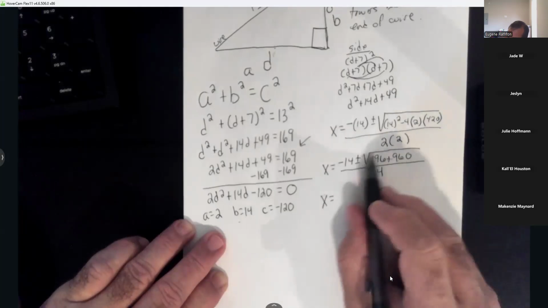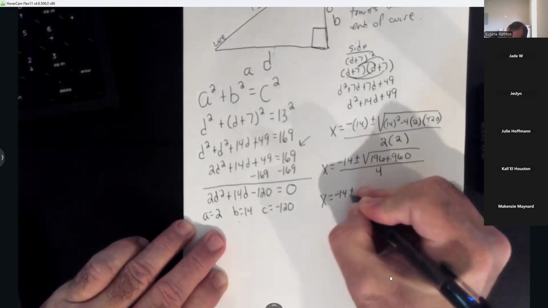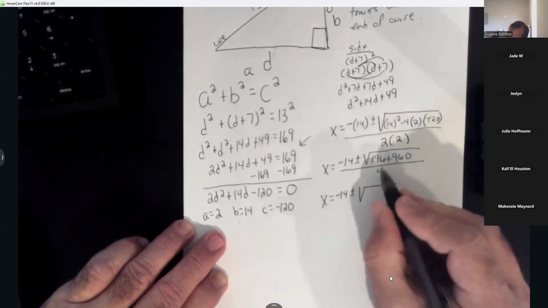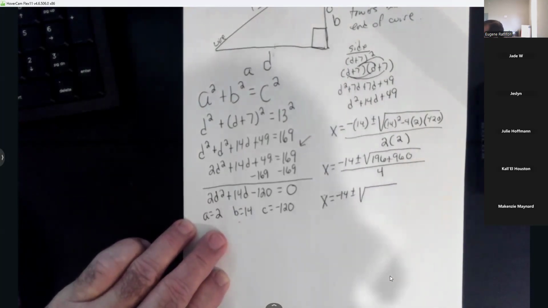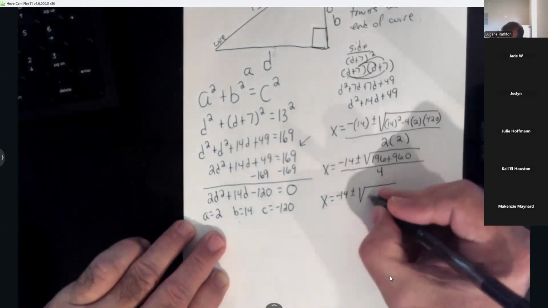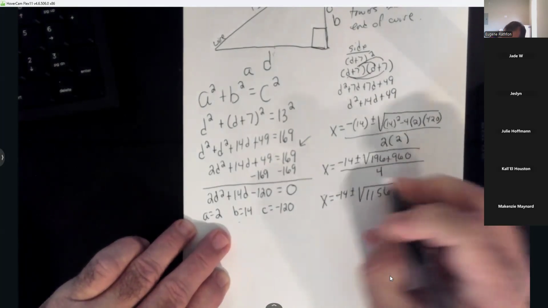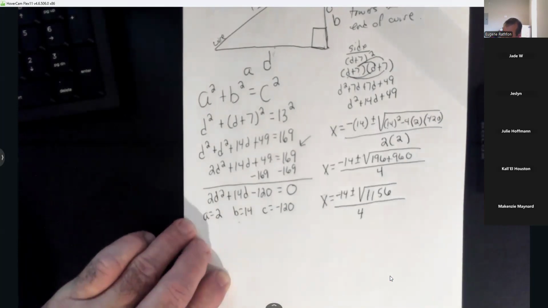All right, y'all, let's add this under the radical. So I bring down the negative 14 plus or minus 196 plus 960 gives us 1156 all over 4.